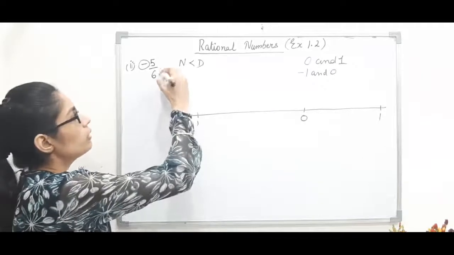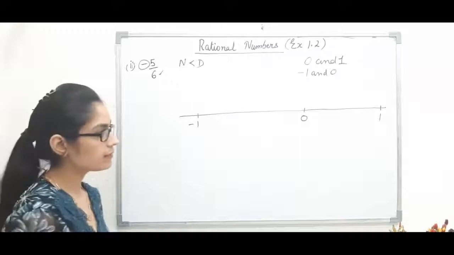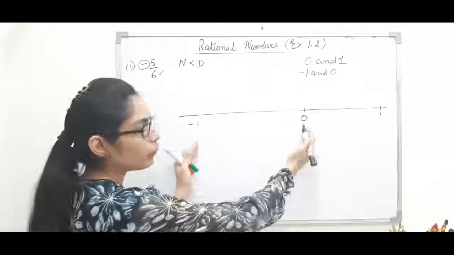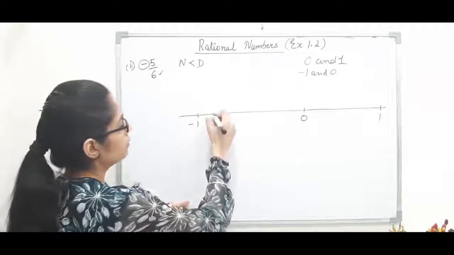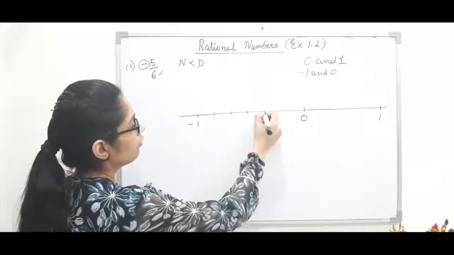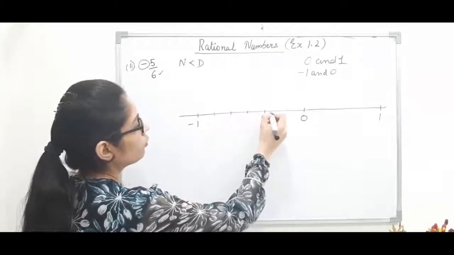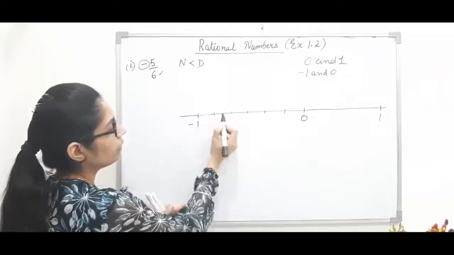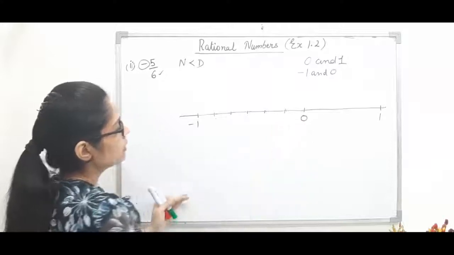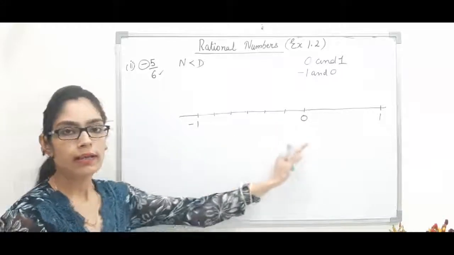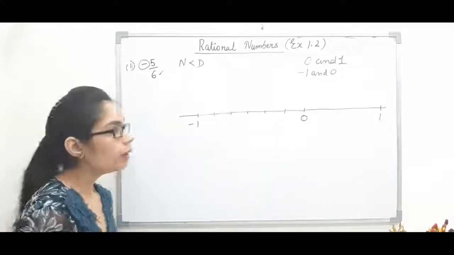First we'll look at the denominator. Denominator is 6. So divide these 2 points into 6 equal parts. 6 equal parts means 5 smaller lines I have to draw. 1, 2, 3, 4, 5. Now you can see 1, 2, 3, 4, 5, 6. See, I have divided -1 and 0 into 6 equal parts.